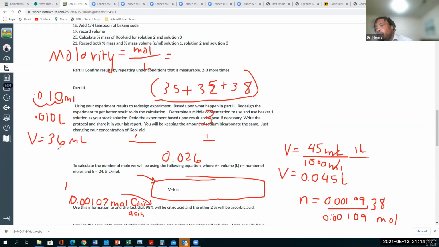So then we have our moles here, 0.00107 moles of citric acid over liters of solution. So that was 0.010 liters of our solution. And that's going to be our molarity.